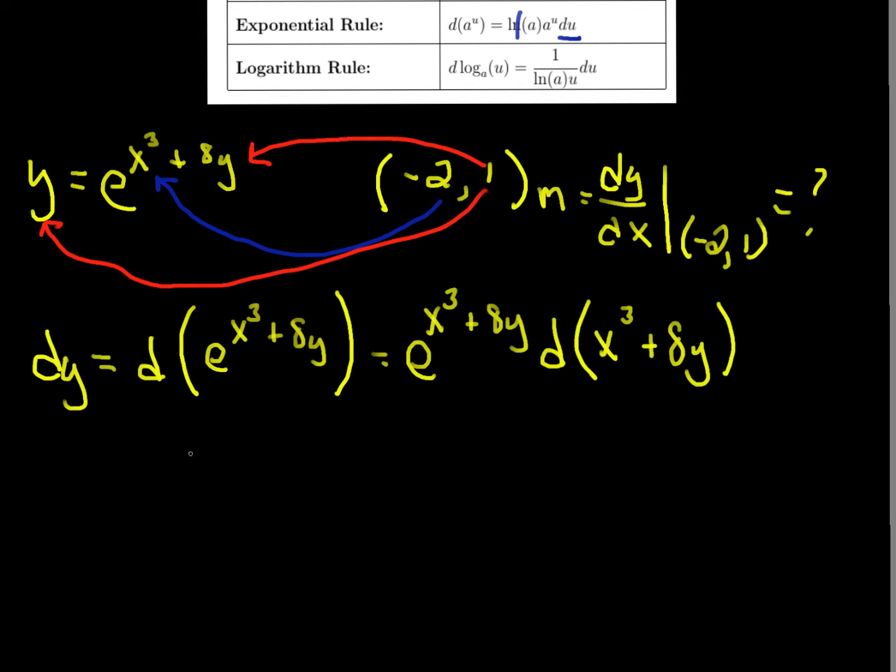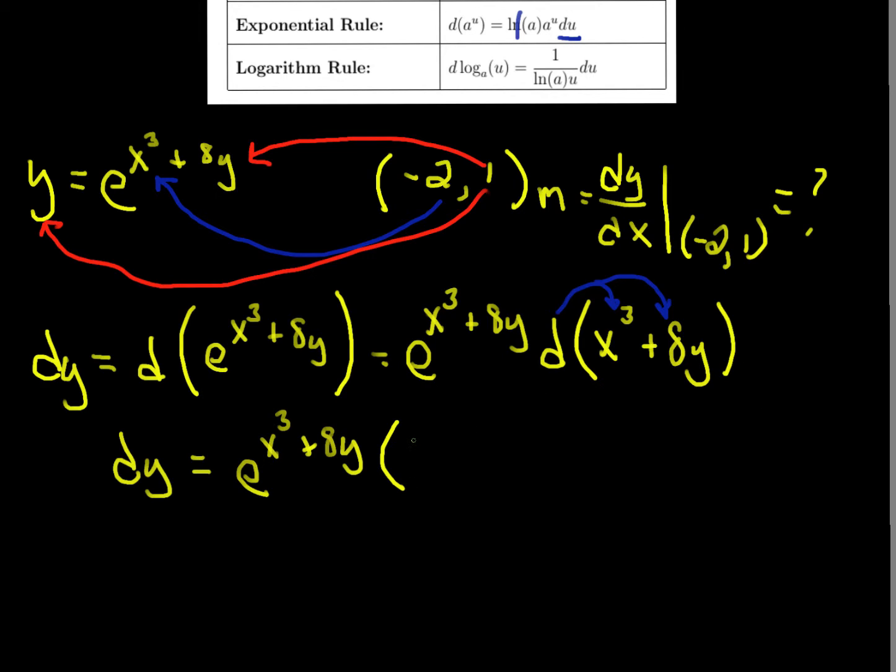So continuing on, we get that dy is equal to e to the x cubed plus 8y. And now we have to take our differential operator, our d, and follow our rules. The first rule we see is that we differentiate across addition. I'm going to use parentheses to be careful, because this is being multiplied with whatever is left here.